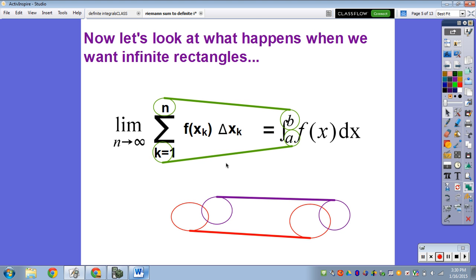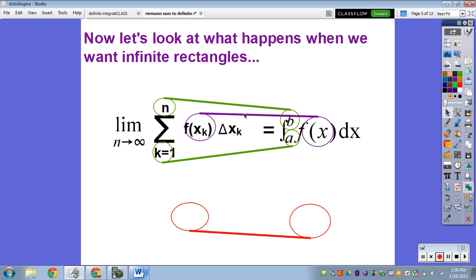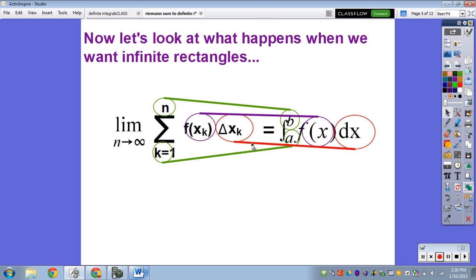And then our f of x stays f of x. And delta x becomes dx, which makes sense because when we work with derivatives, remember the delta x in slope, delta y over delta x, was kind of linked to dx when we took the derivative.